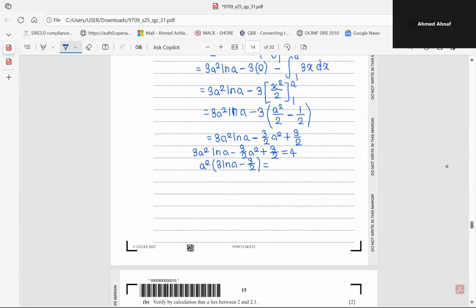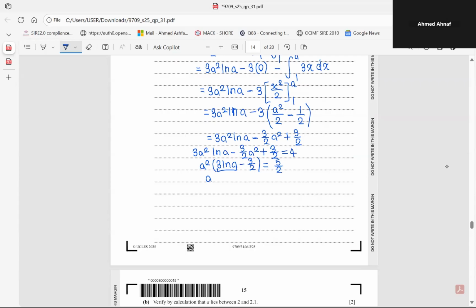This is 2.5, which is 5 over 2. Okay. And then for this expression, we can move the 3 up to here. So we'll get ln a to the power of 3.